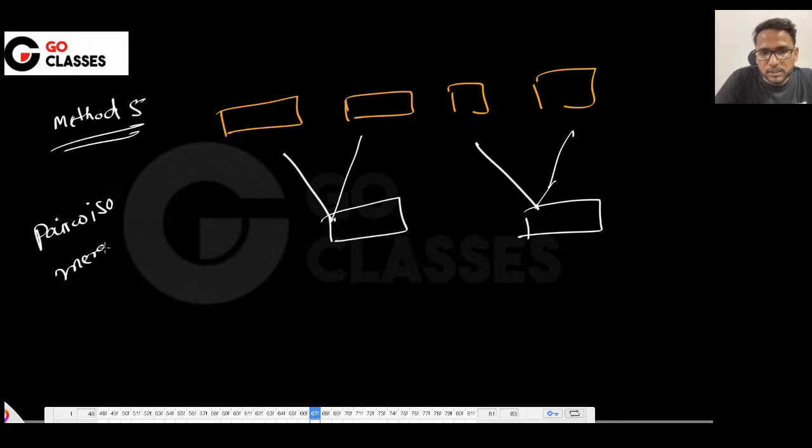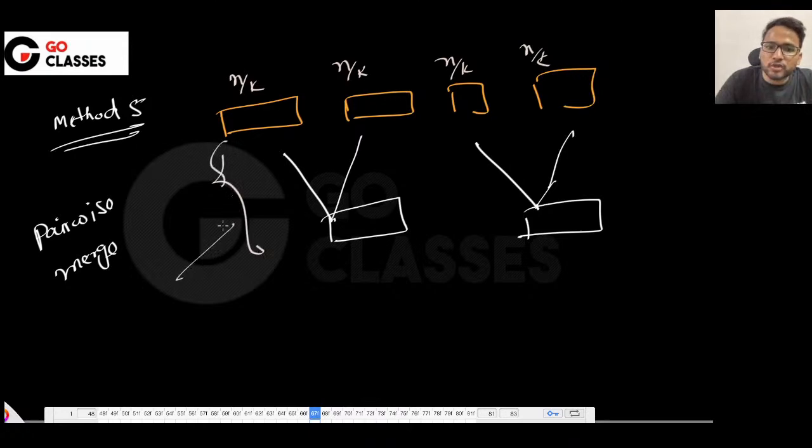If you do pairwise merge, and suppose these sizes are n by k, then at one step what will be the cost? If you do any merge, this will take 2n by k, and this will also take 2n by k. The total cost will be 4n by k, and k itself is 4, so the total cost is order of n.